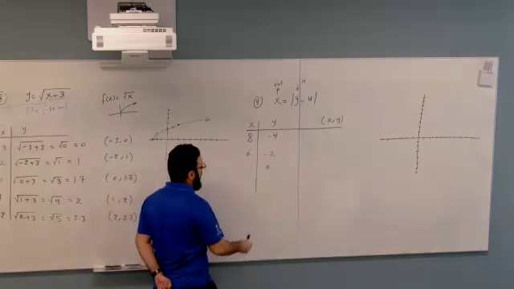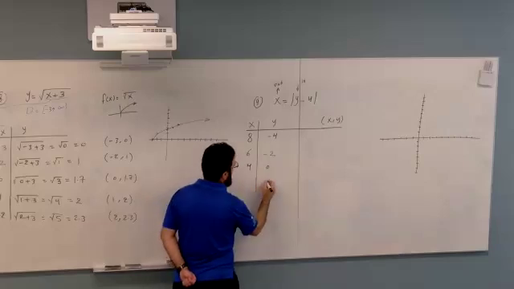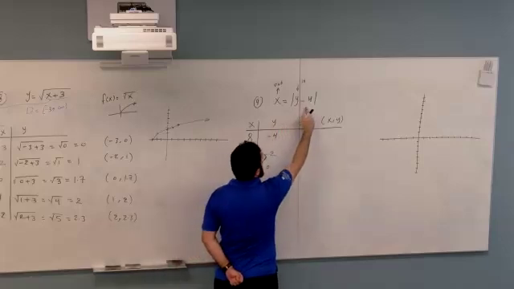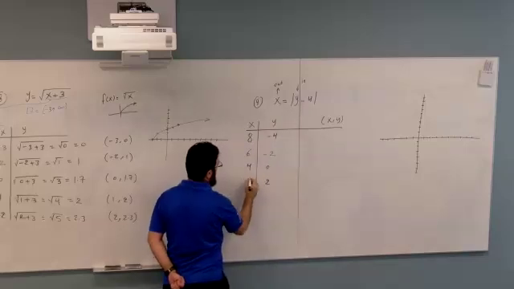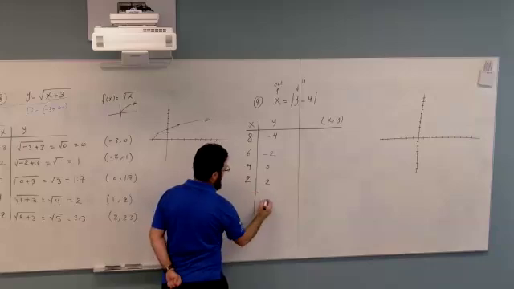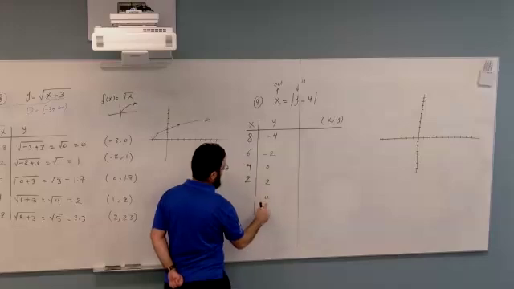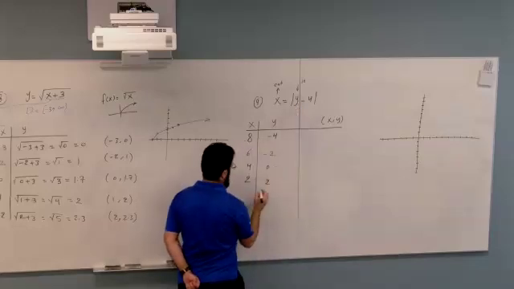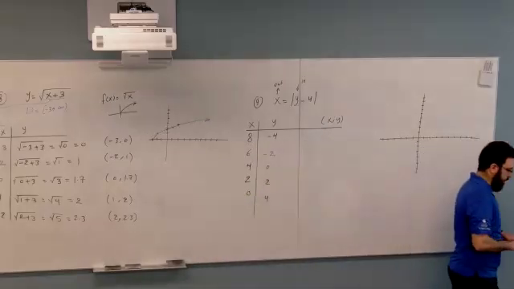The absolute value of -4 is 4. Let's choose 2. 2 minus 4 is -2. Absolute value of -2 is 2. What else? 4. 4 minus 4. Absolute value of 0 is 0.